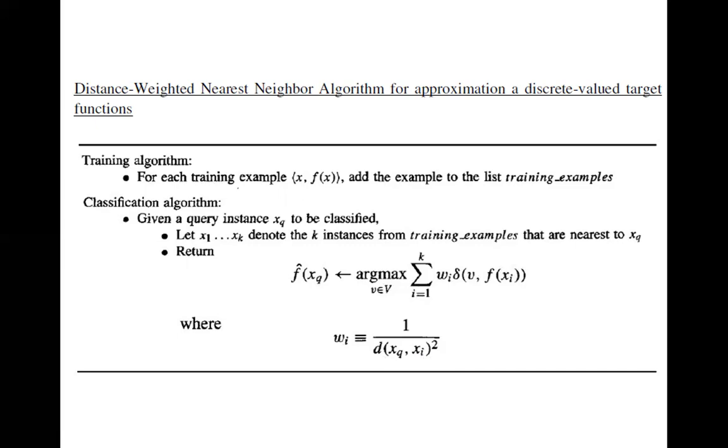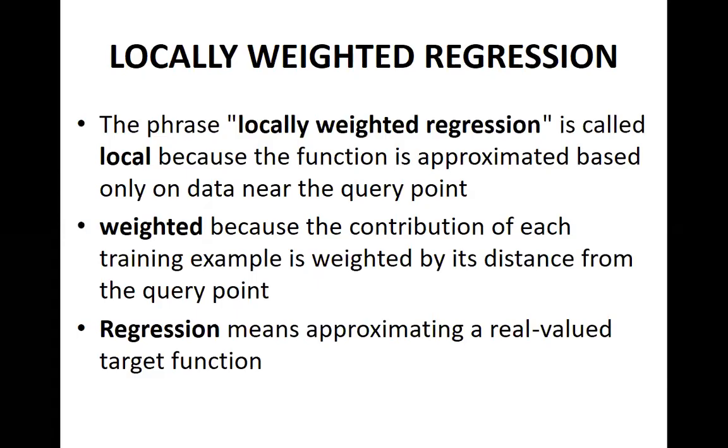Usually it is used for discrete value target functions. Discrete values means there are only 3 or 4 classes like that. If there are continuous classes, a continuous value target function, then usually we will not use the KNN algorithm. We'll go for one more approach. We call it locally weighted regression.